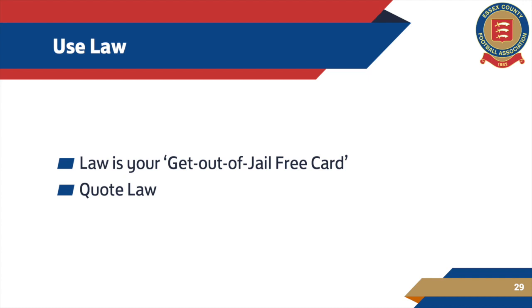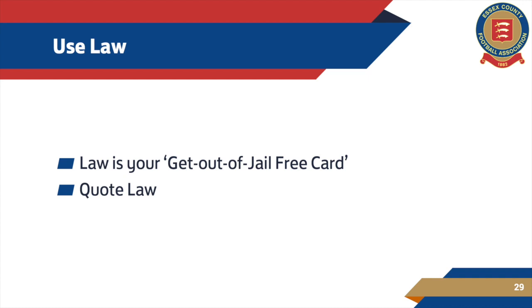If you send a player off and you say, he's jumped in two-footed at the player, it's a red card, the manager comes back saying, oh well, he's not used two feet, he's jumped in but he's only used one foot. Sure, it's a yellow card instead. Whereas, as a referee, if you can say, I think the player's come in at speed, he's caught the player quite high up his leg, he's not taken into account player safety, he's endangering the safety of his opponent by making that tackle, and that tackle is excessive to what is required.